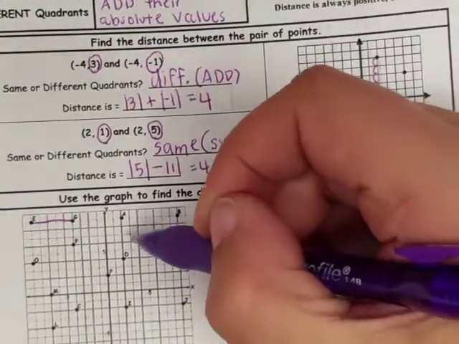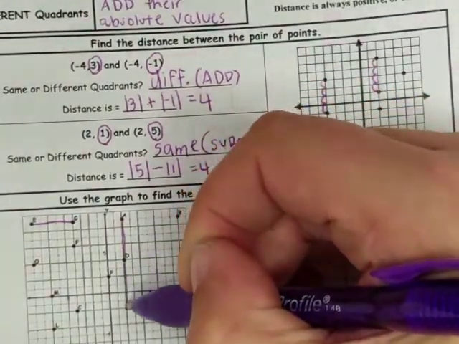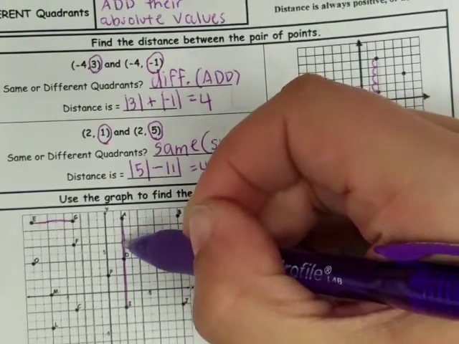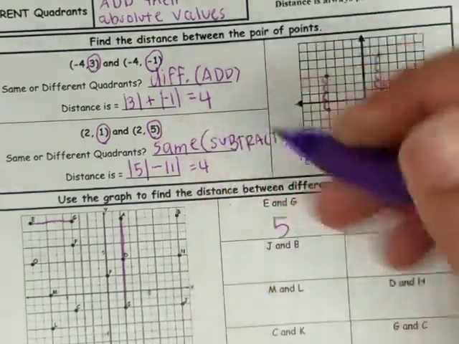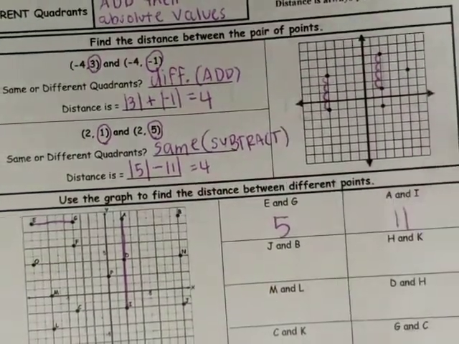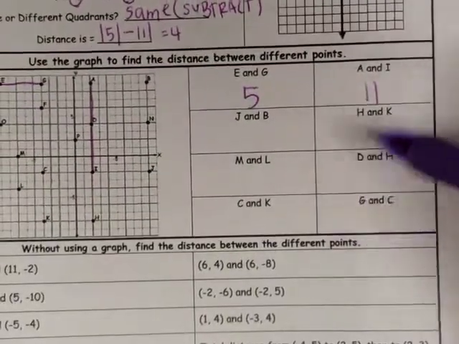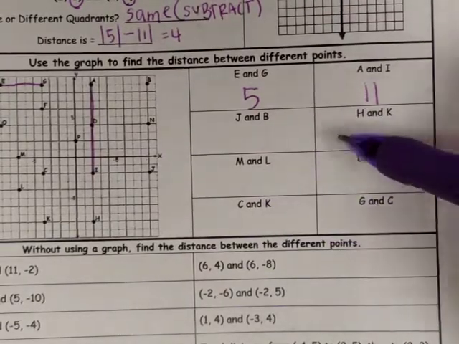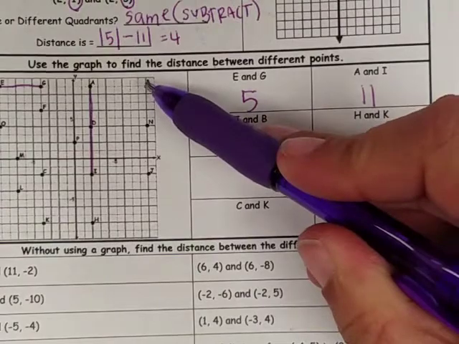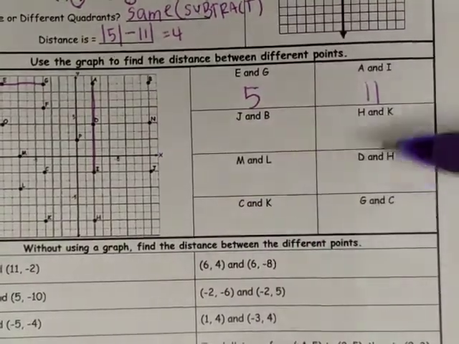For A and I, I'm just going to connect those all the way down. 1, 2, 3, 4, 5, 6, 7, 8, 9, 10, 11. Go ahead and do the rest, and I'll fill those answers in just a second. These are pretty easy because all you're doing is counting the distance from one to the other.